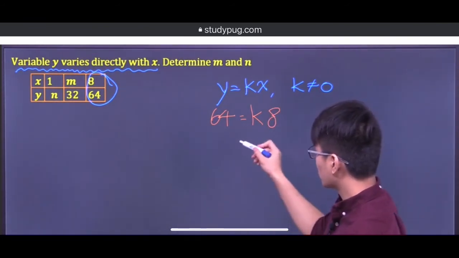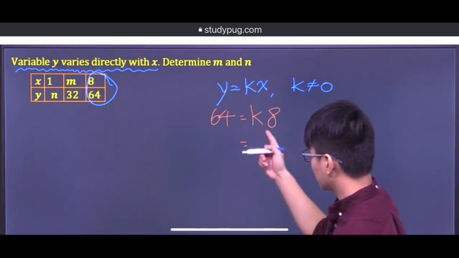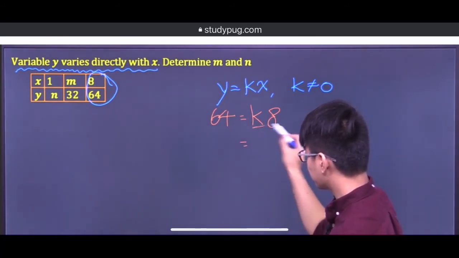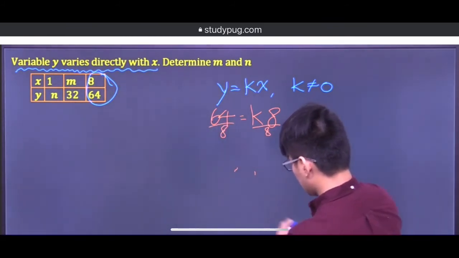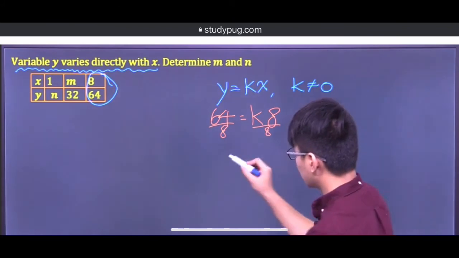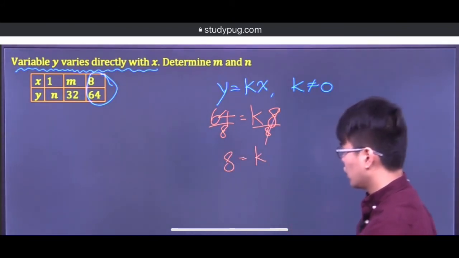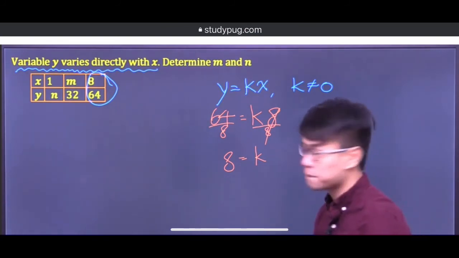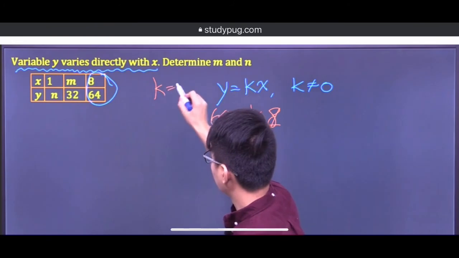Solving for k is just algebra; we want to isolate k. We divide both sides by 8, and we get 8 equals k. These two 8's cancel, so our k is 8. We note that down right here.